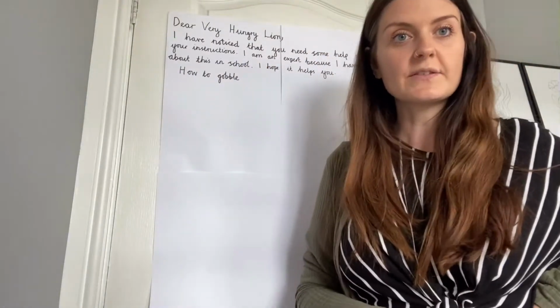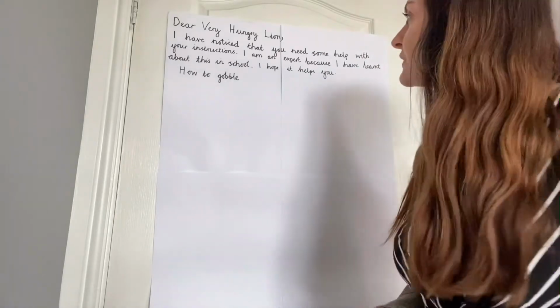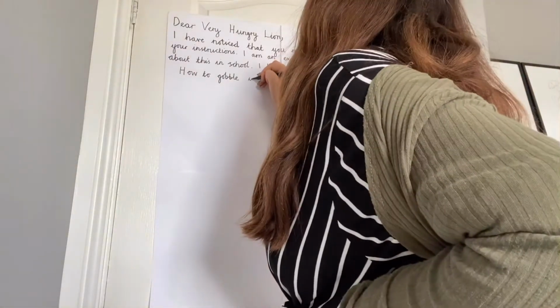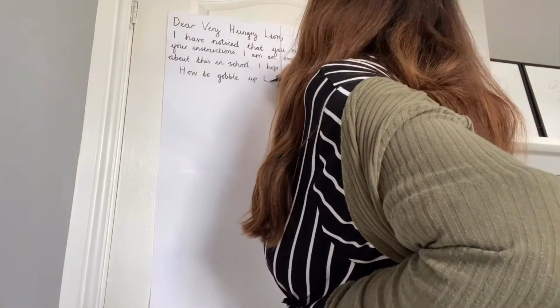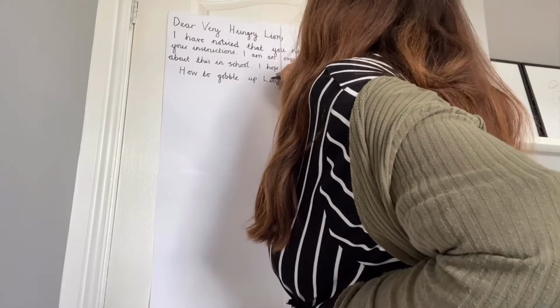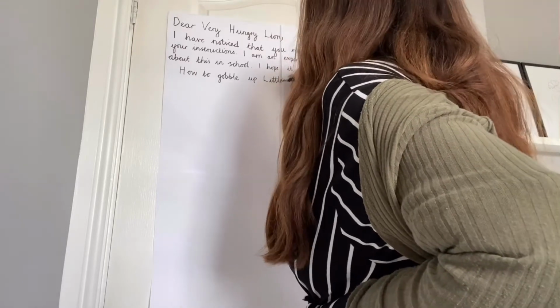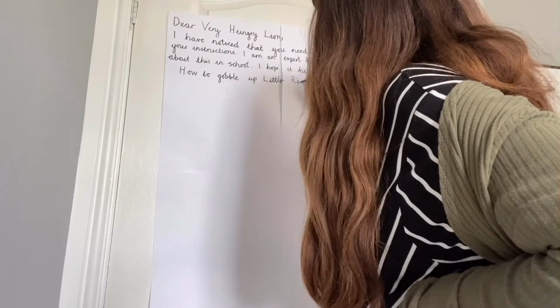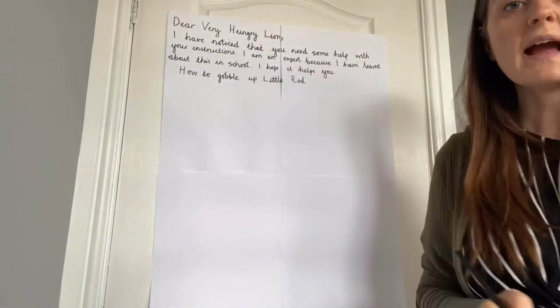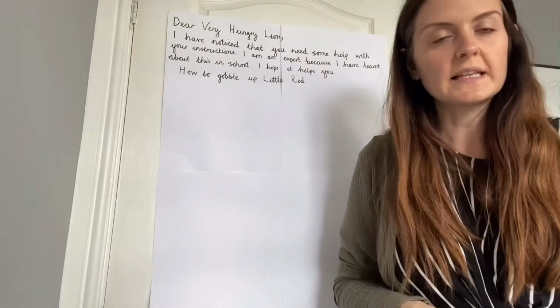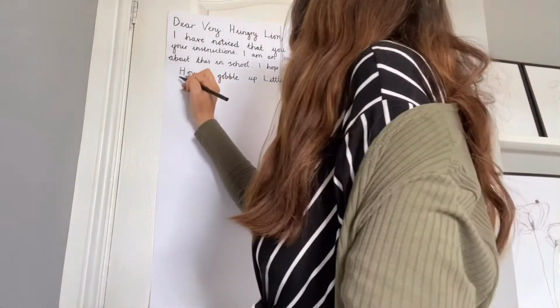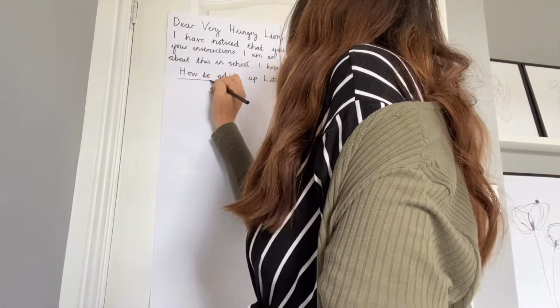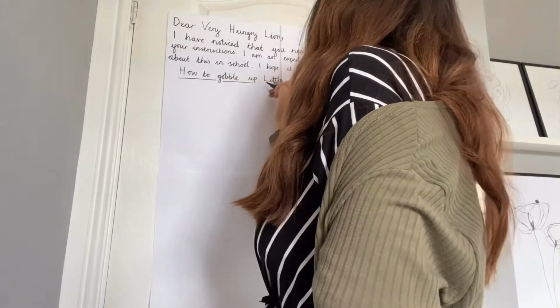That's something that we should be doing to get better language. Oh, that's not great handwriting, I hope you can read it. How to gobble up Little Red. And I don't have a ruler available, so I'm going to have to try and draw my line as carefully as I can.